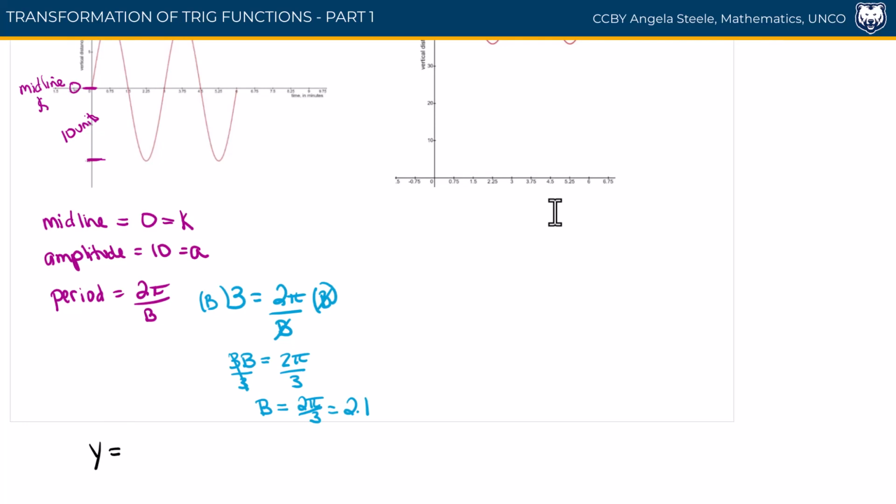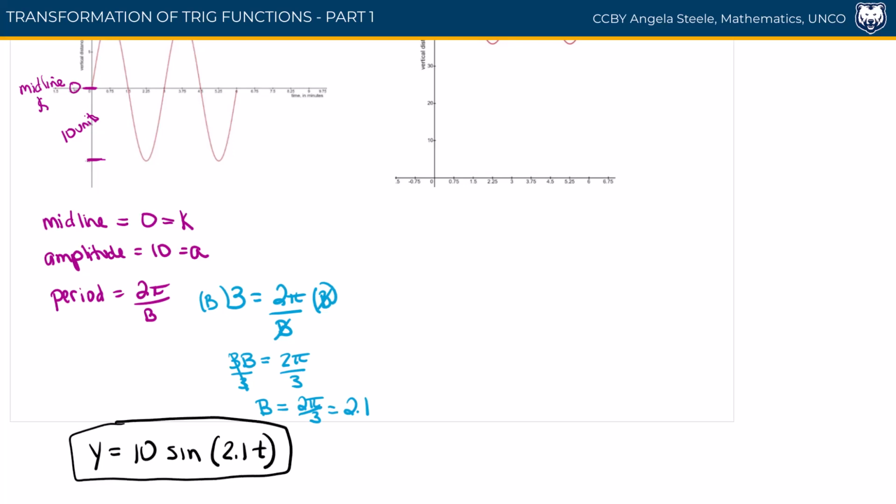Our a is the amplitude, so that gives us 10 sine. Our b is 2.1 t, and then plus our midline, which is going to be our k. So technically we would write it as plus 0, but if we wanted to leave that off, that would be fine. Those two things are equivalent. All right, so that is our solution, or the equation for that function.